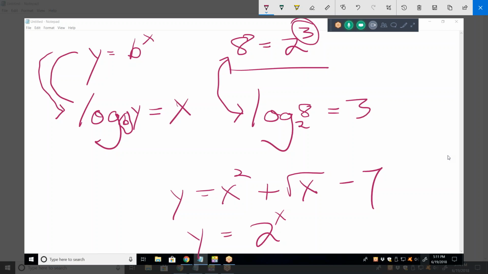No. An exponential expression is when the variable is in the exponent. The variable is in the exponent right there. That makes it an exponential expression. And when you have exponential equations, you can't solve them algebraically. You have to use logs. That's the only way to go forward.